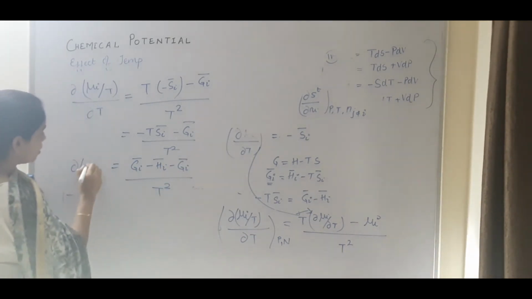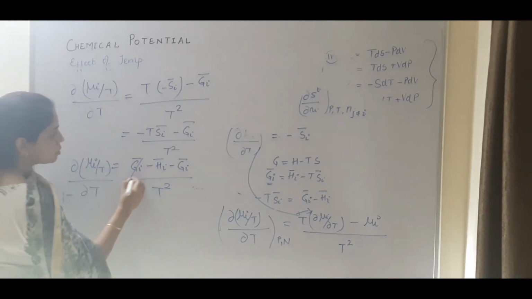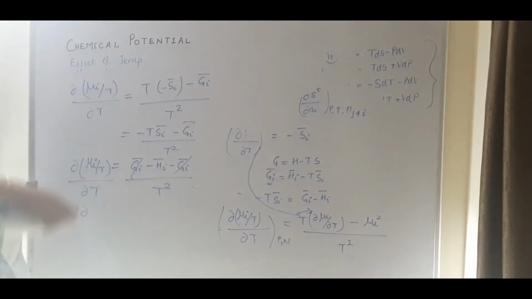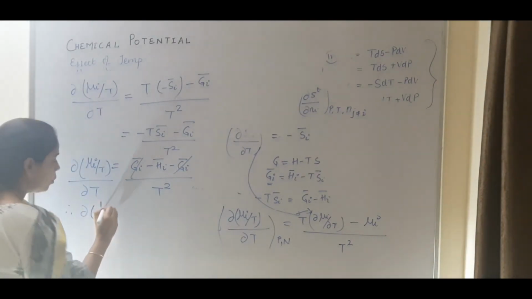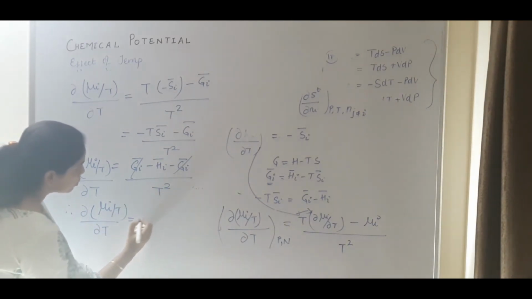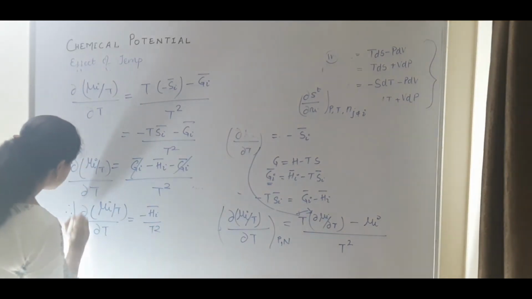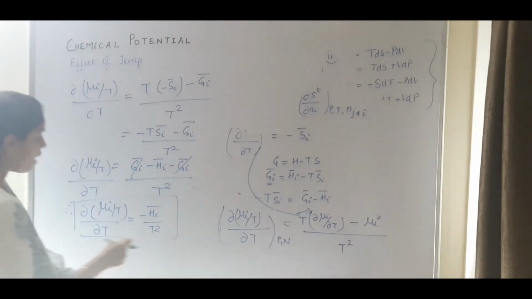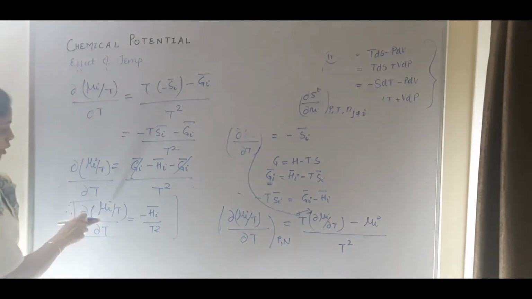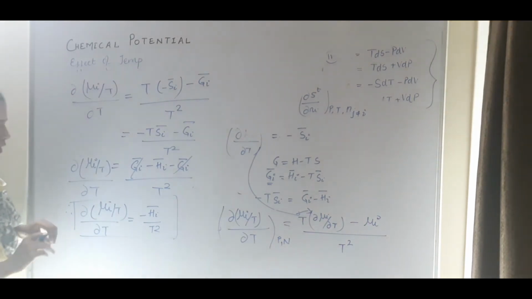These two get cancelled, and therefore ∂(μ_i by T) upon ∂T is equal to minus H_i bar upon T square. So this relation predicts the effect of temperature on chemical potential.